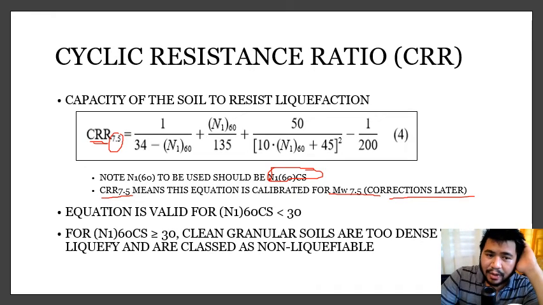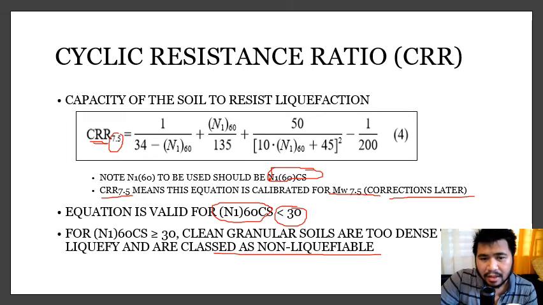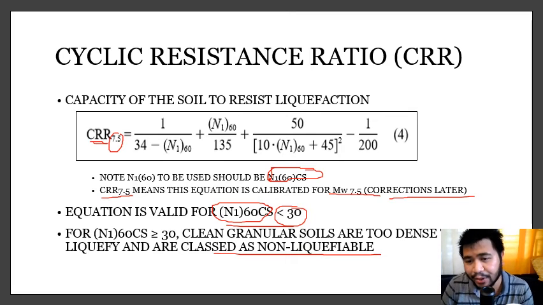Other disclaimers: this equation is only valid for N160 CS that's less than 30. If your N160 CS is greater than 30, it simply means that your soils are too dense to liquefy and are classified as non-liquefiable. So we can see here there is a really clear clause that if you're going to use the SPT data as a criteria for liquefaction, you have to do your corrections first.